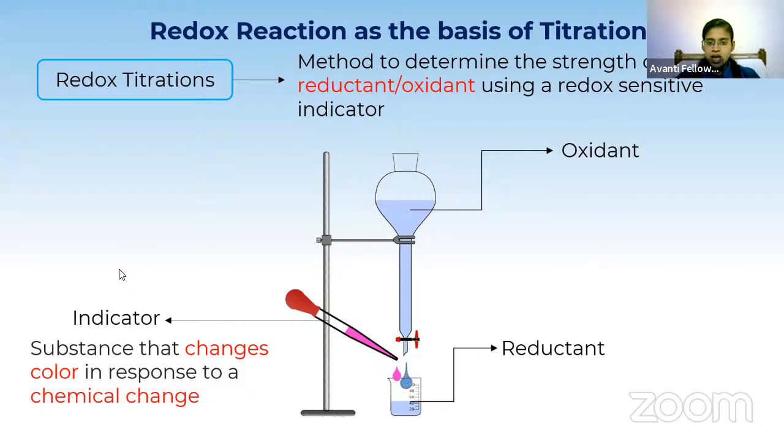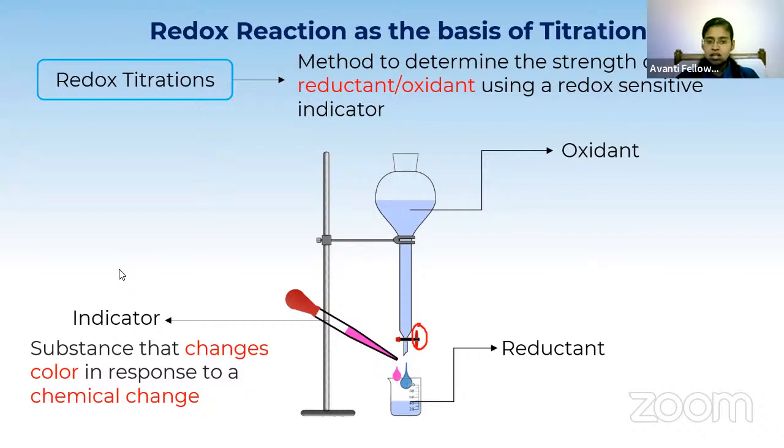Now see, I am doing the reaction. Initially I have the reducing agent in the beaker and I add one drop of indicator. Then I titrate this reductant with the oxidant. Titration means you open the knob of the burette so that the solution inside comes into the reductant, adding drop by drop. At one point the reductant solution color will change.